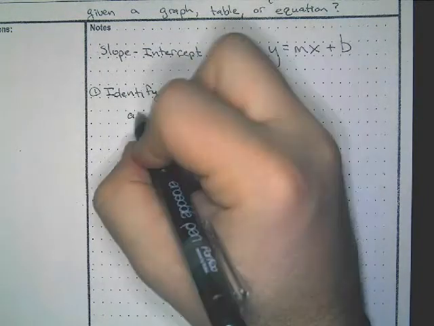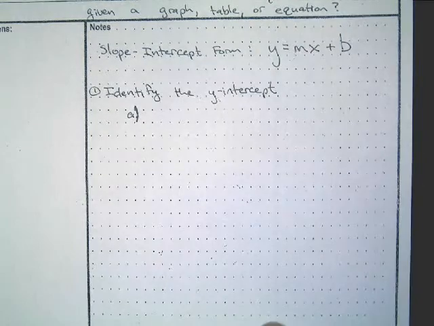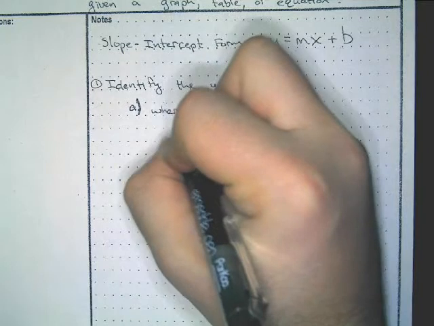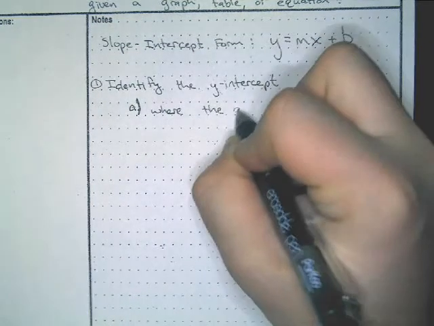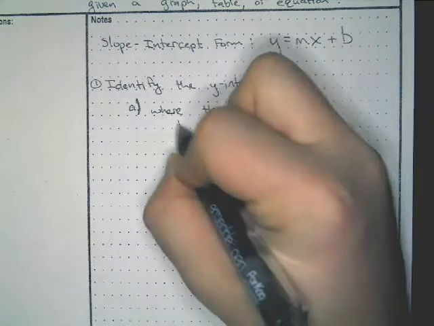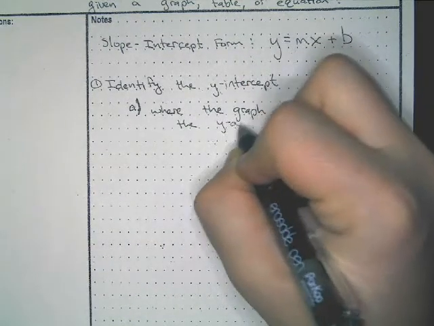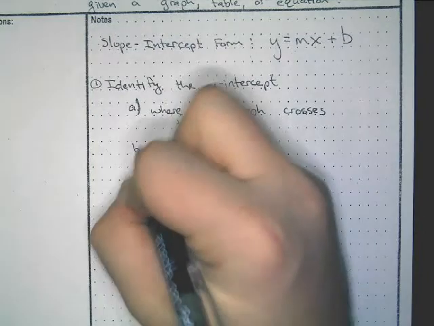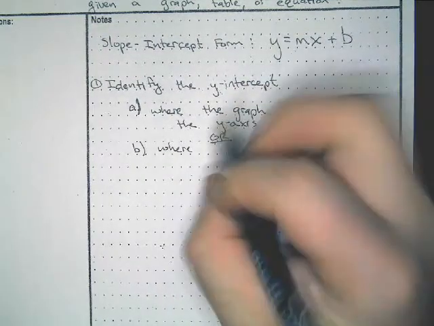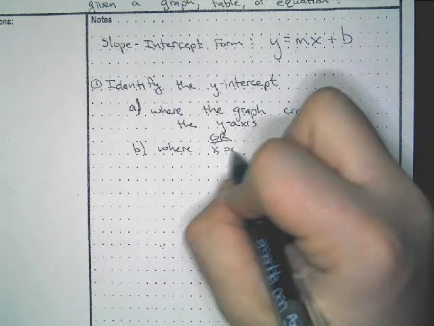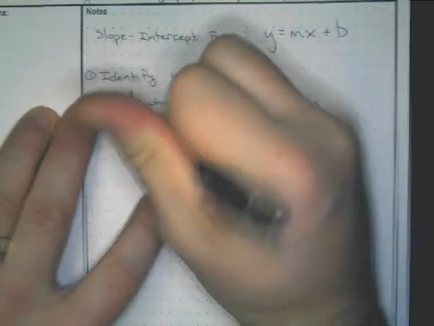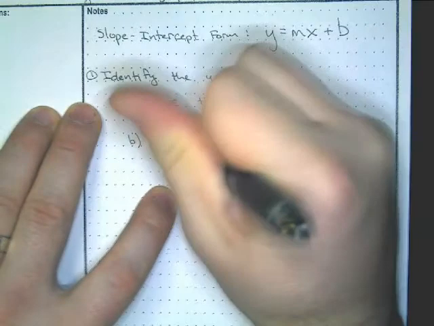How we identify the y-intercept is A, where the graph crosses the y-axis, or B, where x equals 0. It's the y value where x equals 0.